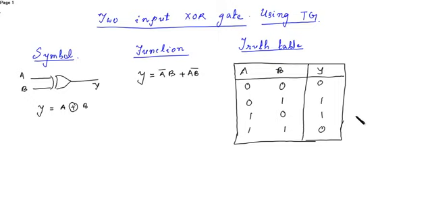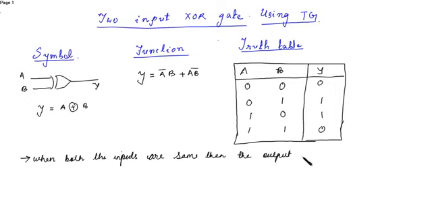So if you write one line for explaining this truth table, then it will be: when both the inputs are same, then the output is 0.